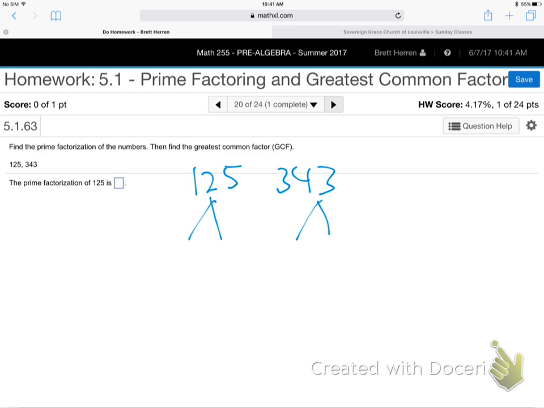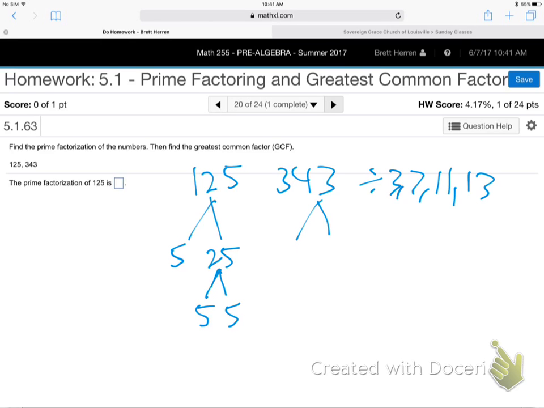All right, so the 125 is 5 times 25, and 25 is 5 times 5. Good on that one? 343. 3 doesn't go. Is it 7? Yeah, so try those weird numbers: 3, 7, 11, 13.